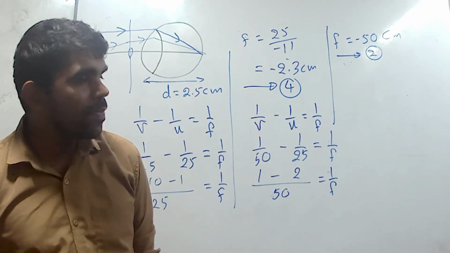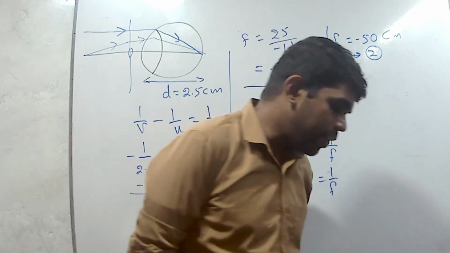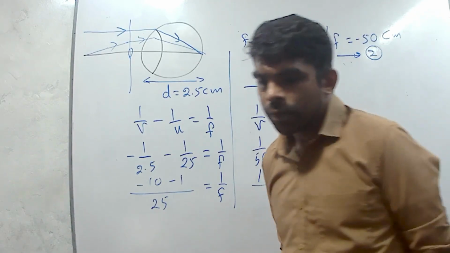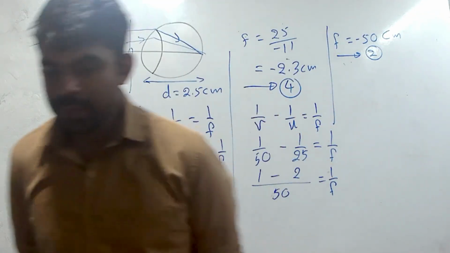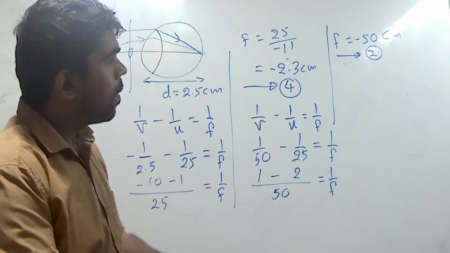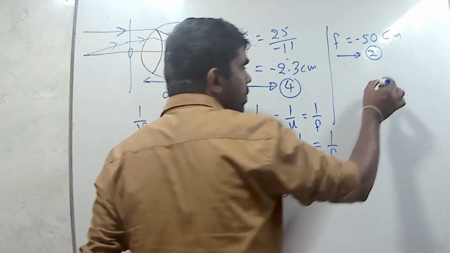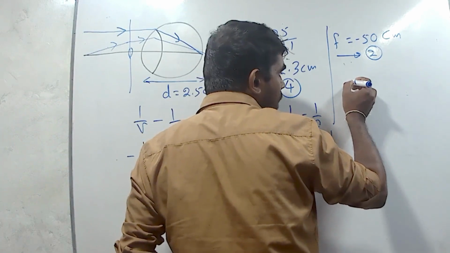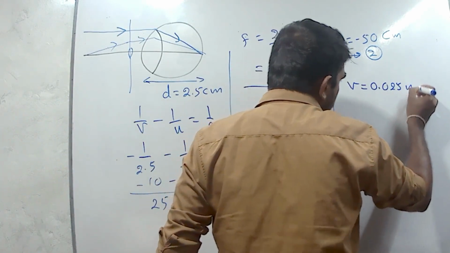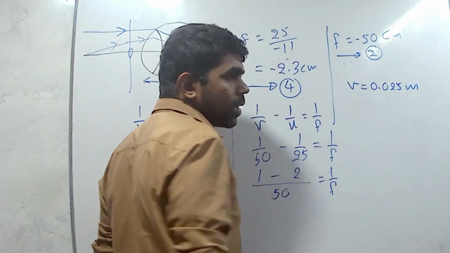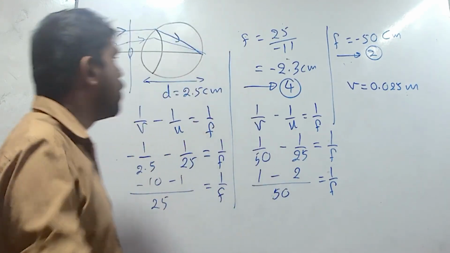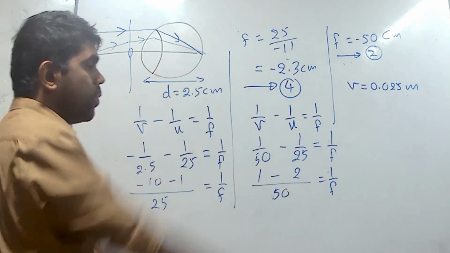If there is an eye defect and we can't see infinity, we have to wear a convex lens. And by the convex lens, an image should be formed at 0.025 meters, the distance between lens and retina.